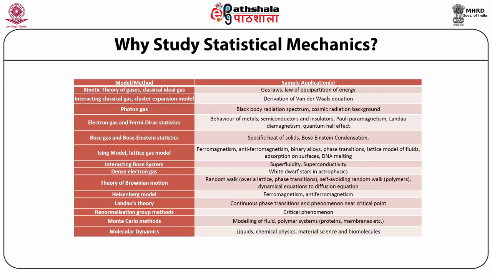Heisenberg model finds itself explaining ferromagnetism and antiferromagnetism. Landau's theory was used to explain continuous phase transitions and phenomena near critical point. Renormalization group methods were used to apply and understand critical phenomenon.